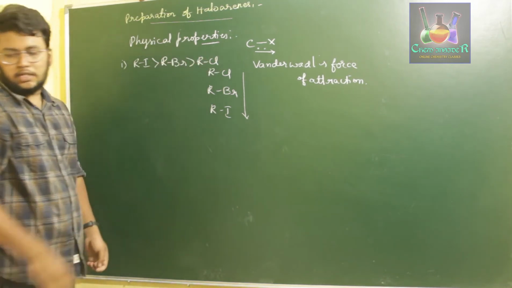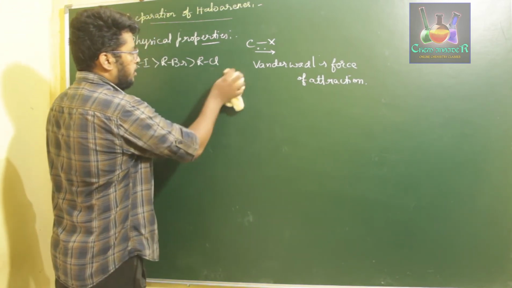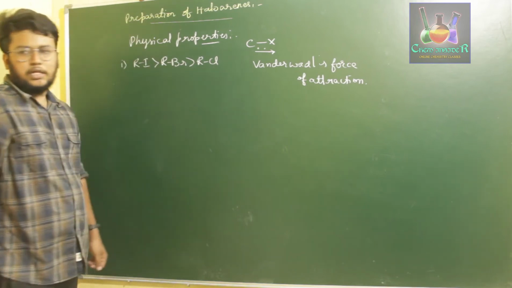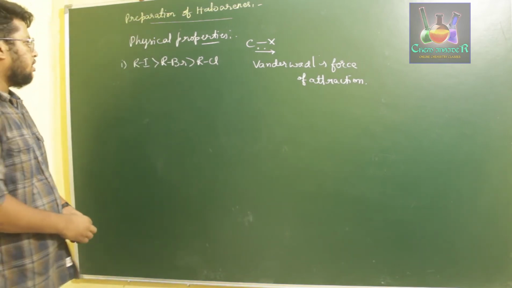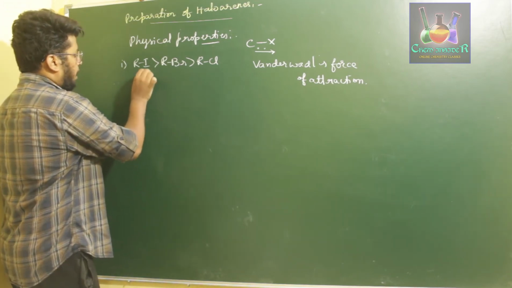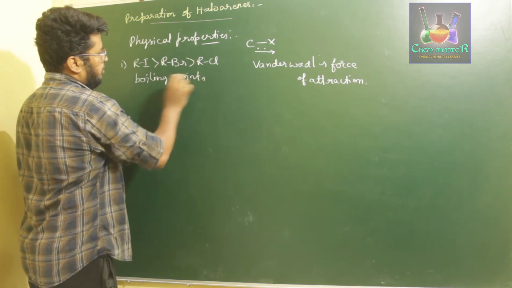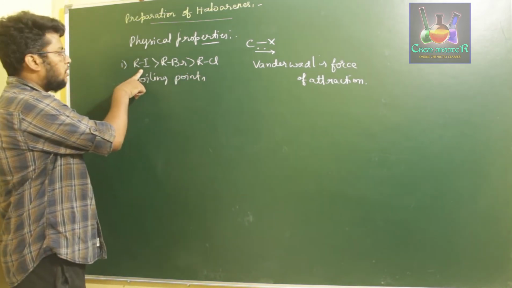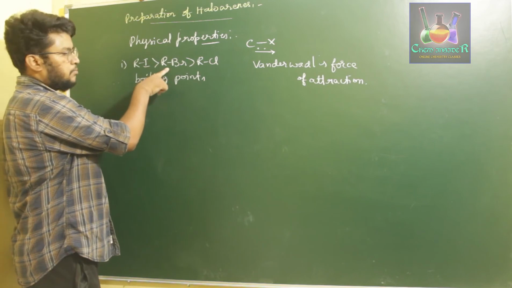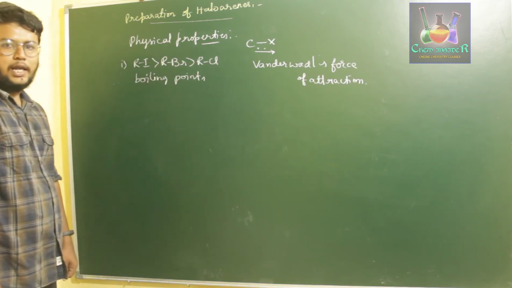Using that strength, we can clearly say that the boiling points of these compounds will also follow the same order. So the boiling point decreases in this order: the boiling point of alkyl iodide is greater than that of alkyl bromide, which is greater than that of alkyl chloride.